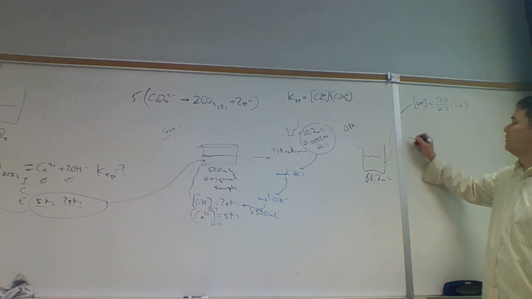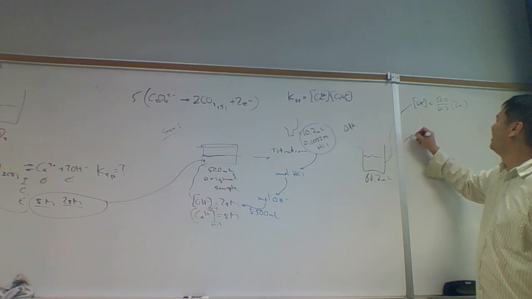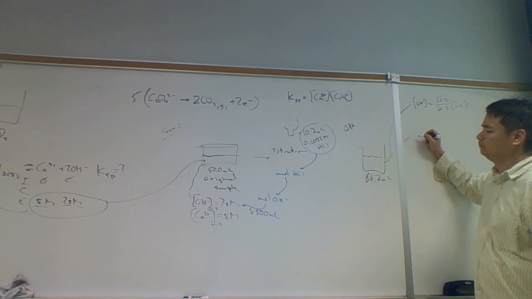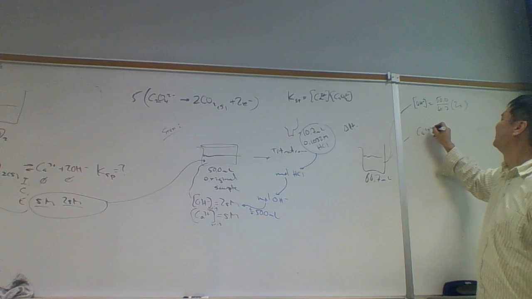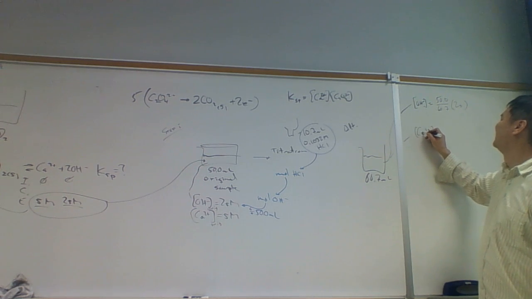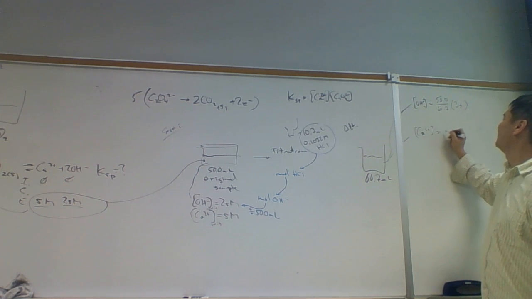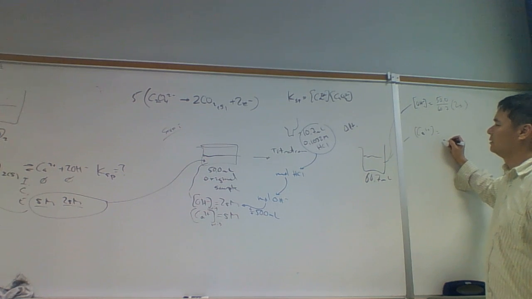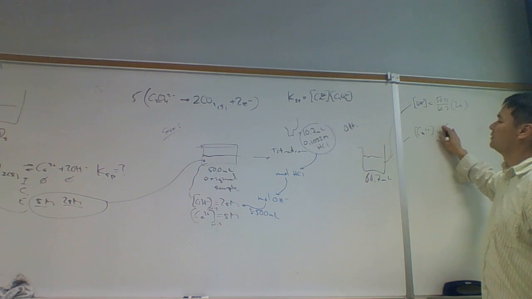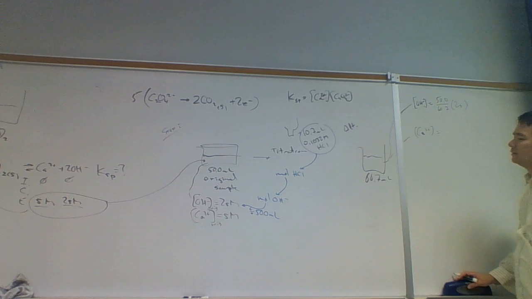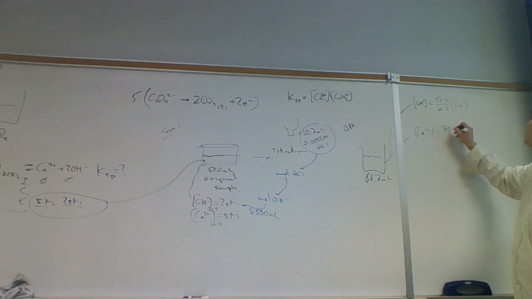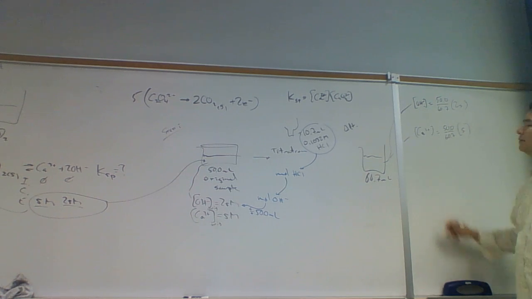And then we can figure out the new concentration of calcium. The new concentration of calcium is going to be 10.7, no, I'm sorry, 50.0 over 60.7 times S. That's calcium.